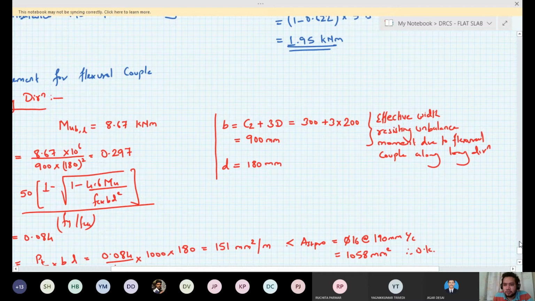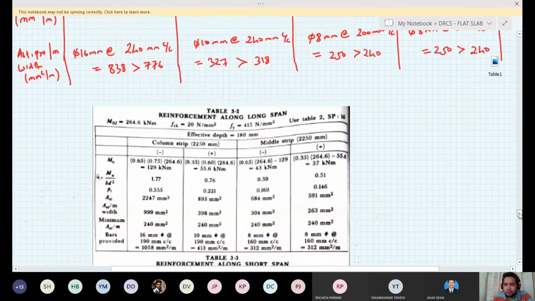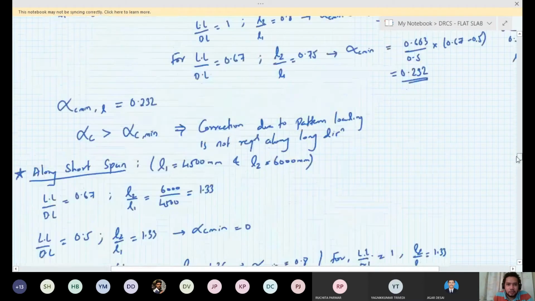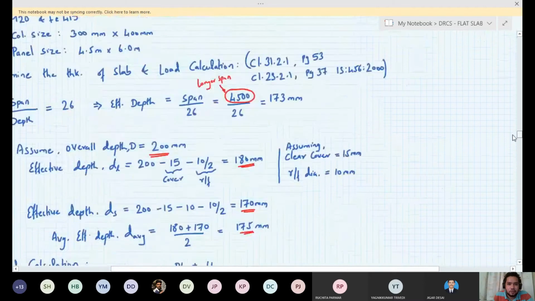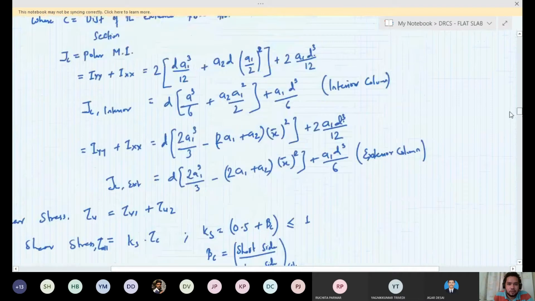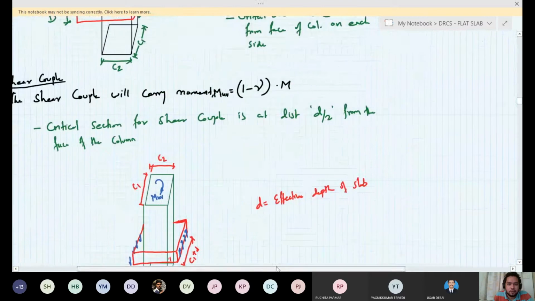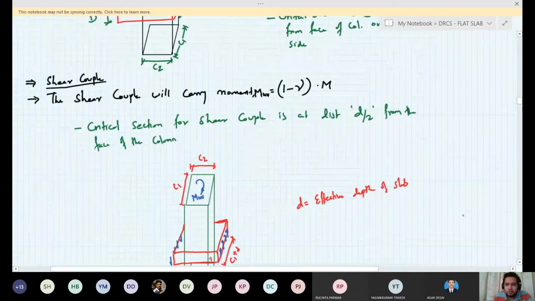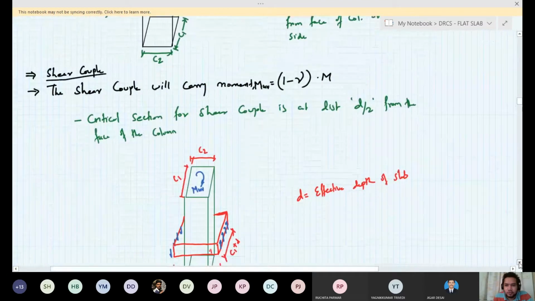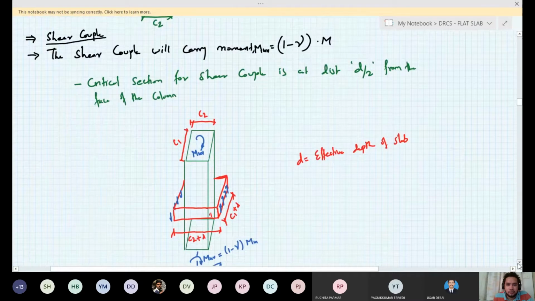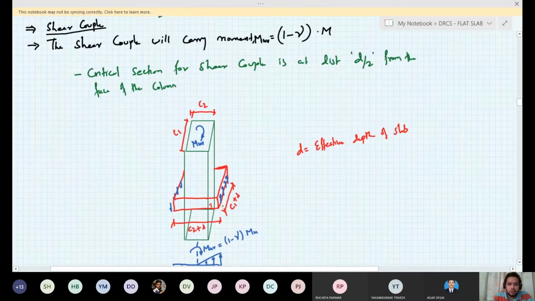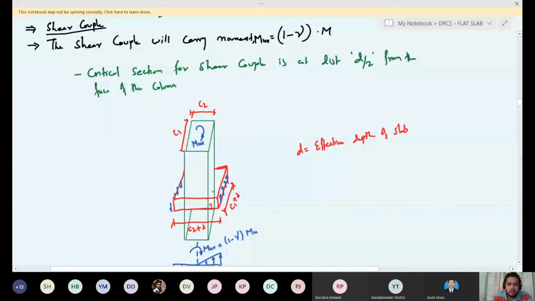If you remember the theory part, this is the width resisting the shear couple, that is C1 plus D. We take D by 2 distance from the face of the column, so it will be D by 2, D by 2, so it will be C1 plus D.